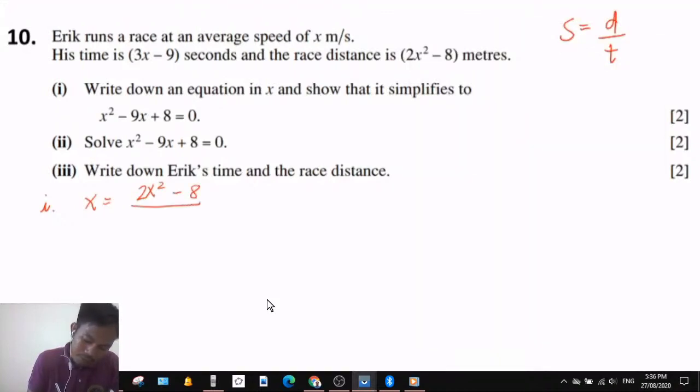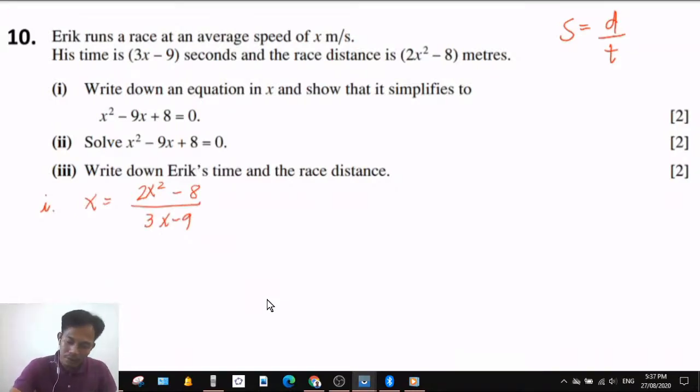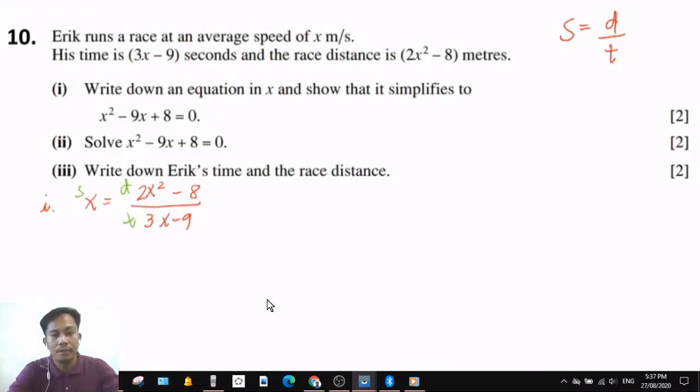Time is already given, it is 3x minus 9. Just note that this is speed, this is distance, this is time. So speed is equal to distance over time.